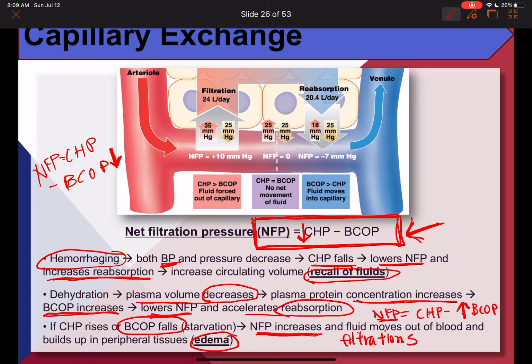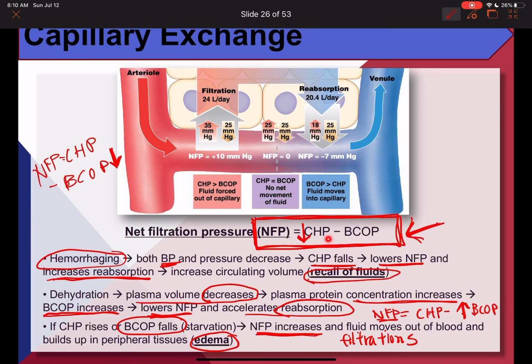Okay, so make sure you understand how these three situations create different values of NFP. For hemorrhaging, you're affecting your CHP value. For dehydration, you're affecting your BCOP value. But whether your CHP gets smaller or your BCOP gets bigger, in either case they would both result in a decrease in NFP, which means reabsorption predominates.